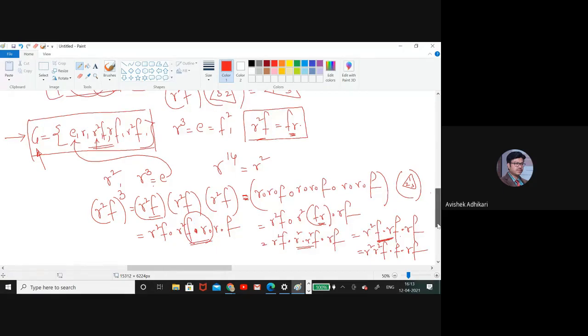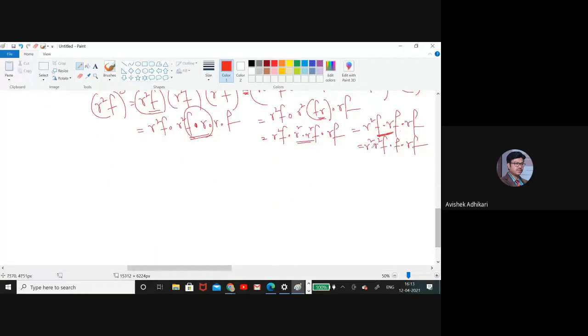So you can understand this becomes R. So this is RF. Again this is FR and then F. So this becomes R cube and then R, then this F, and then again two F's are consecutive. So this becomes F square.